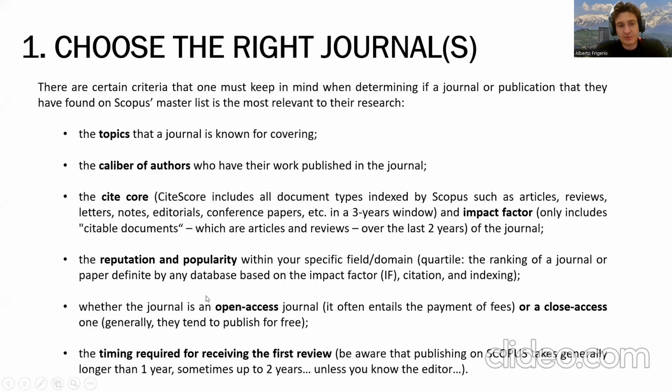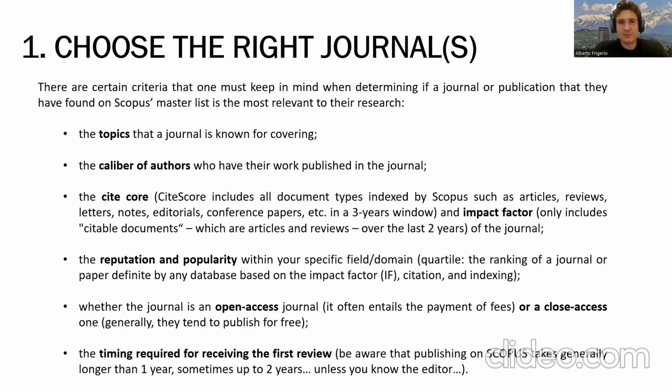It is also important to consider the time required for receiving the first review, because if you are in the field of physics or even in the field of finance, you are relatively lucky in the sense that in general, within 3 months, you can get your review, and so you can get your article published in a relatively short period of time.